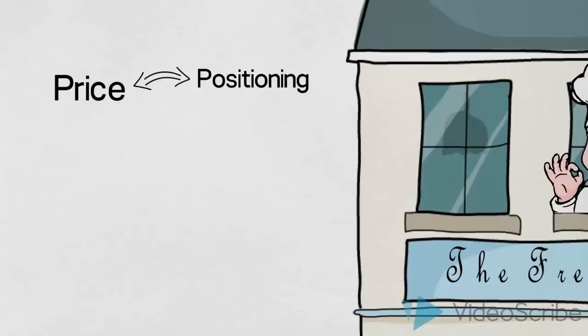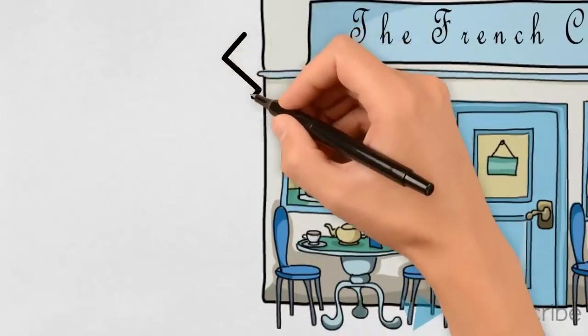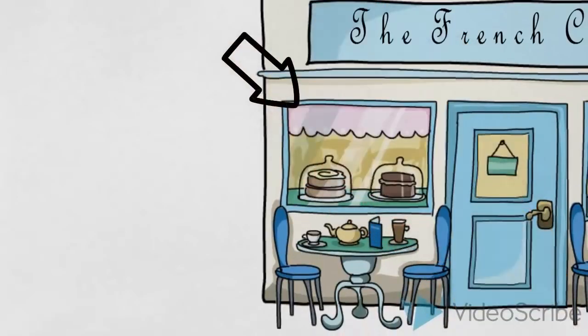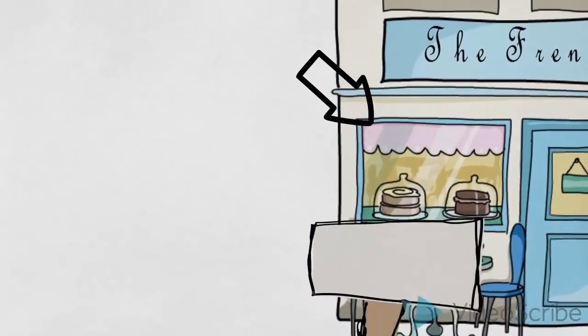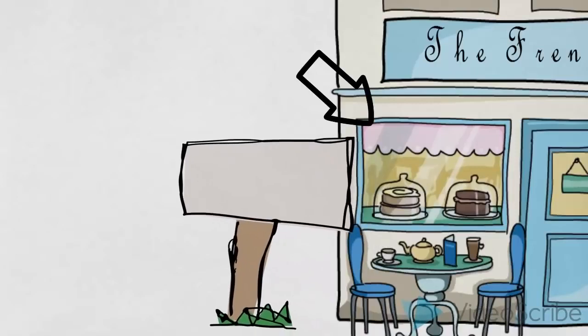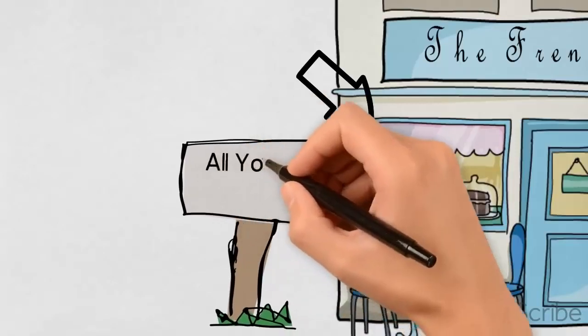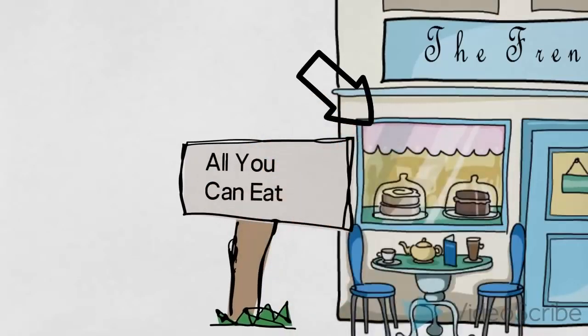If we look in the window, we can see that this cafe serves high-quality, delicious French cakes, and that it has a decor that fits. Therefore, it would send a wrong signal if we were to charge very low prices, like offering an all-you-can-eat buffet for €1.